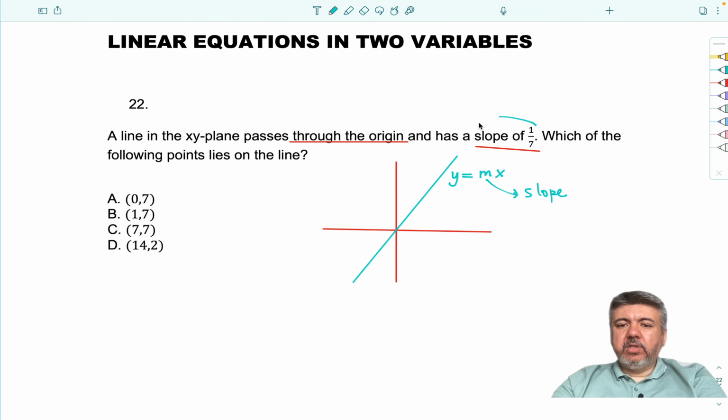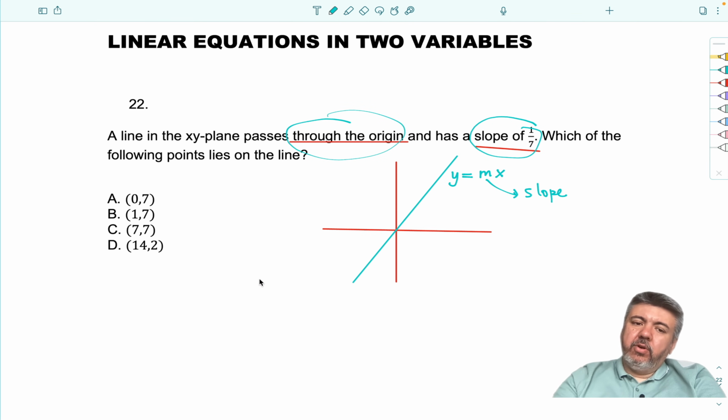So in our example, slope is given and it passes through the origin, so its equation is y equals 1/7 x.